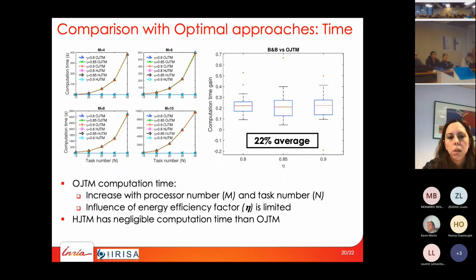Do you get results only on real cases, or do you also try randomly generated instances? Here we have not explored real code.